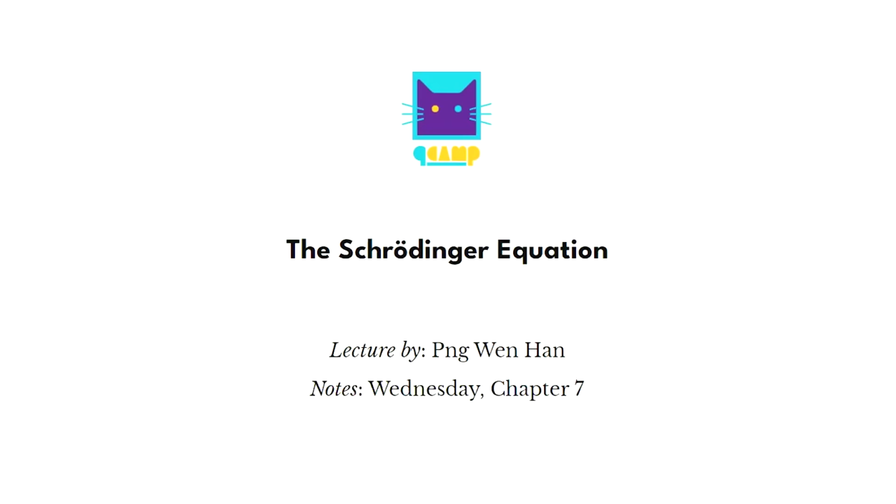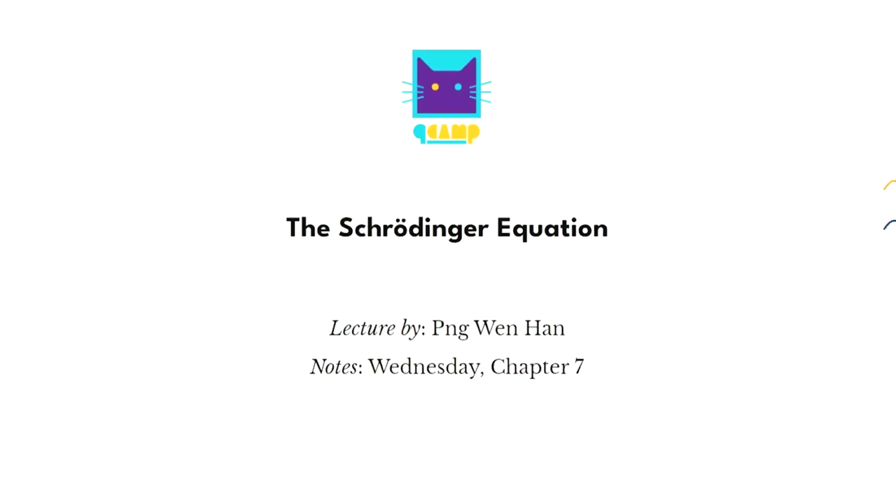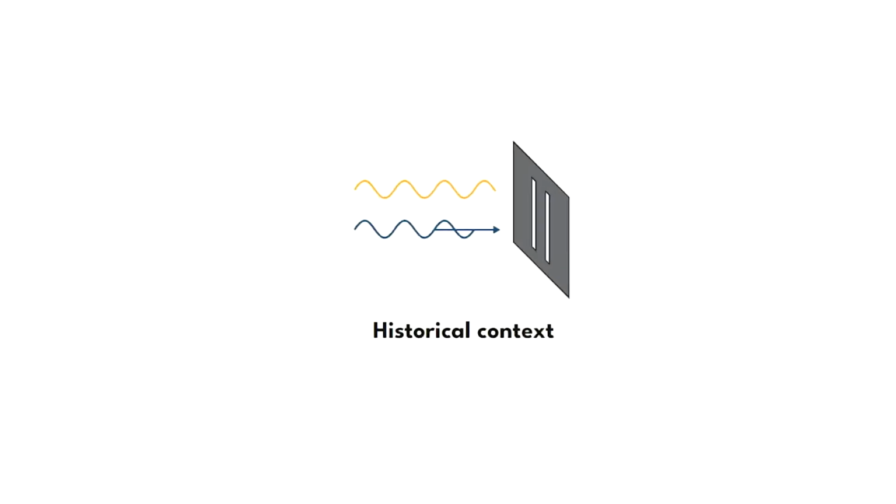Today's lecture will mainly comprise three parts. In the first part, we will look into some historical context, like the argument about whether light is a wave or a particle, and how it actually drove and gave birth to quantum mechanics.